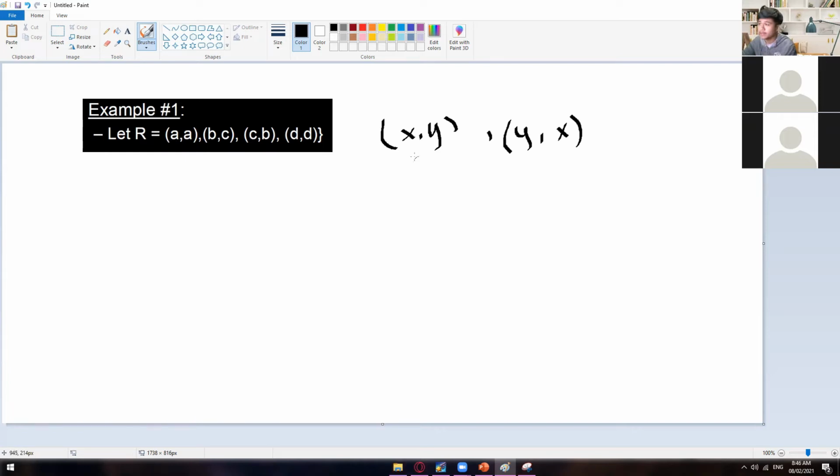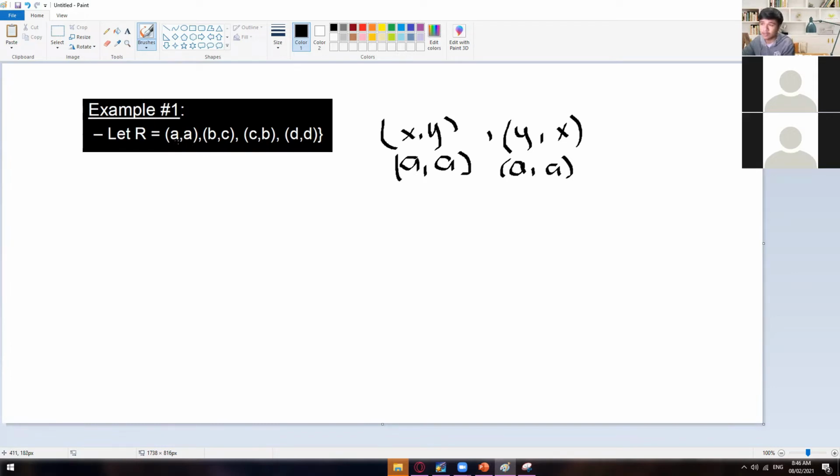And in here we have variable a as your x, and then another a as your y, for (a, a). And if you're going to come up with its (y, x), it is still the same, which is still (a, a). So that is why if it's a reflexive ordered pair, then it is also already a symmetric ordered pair.